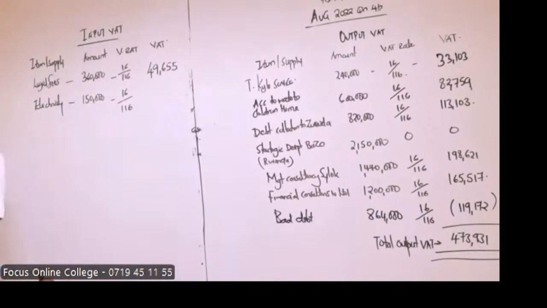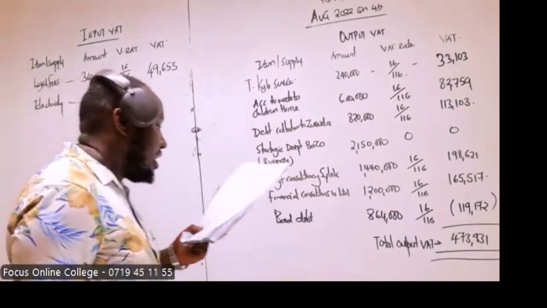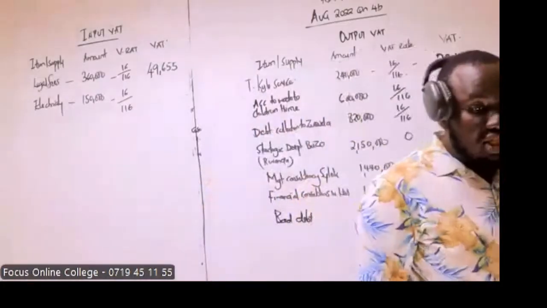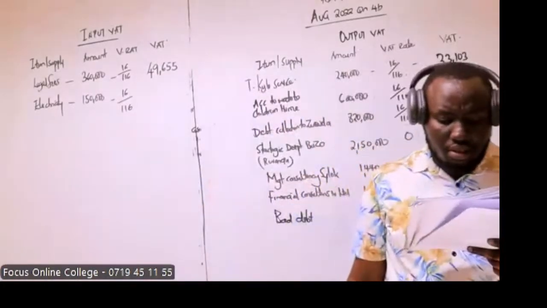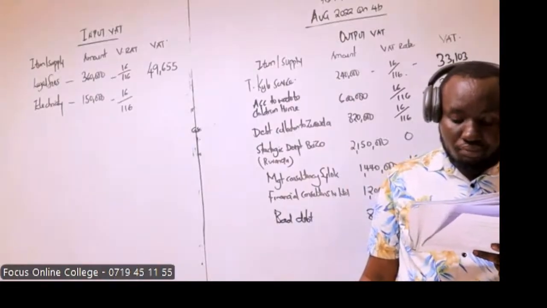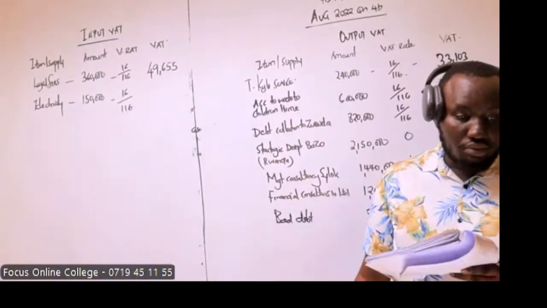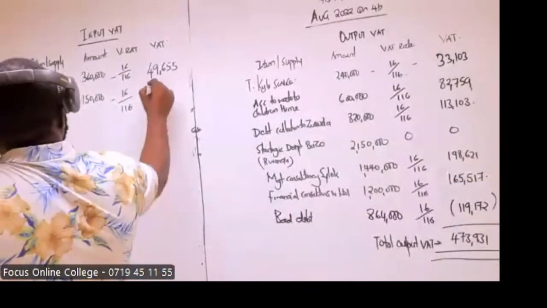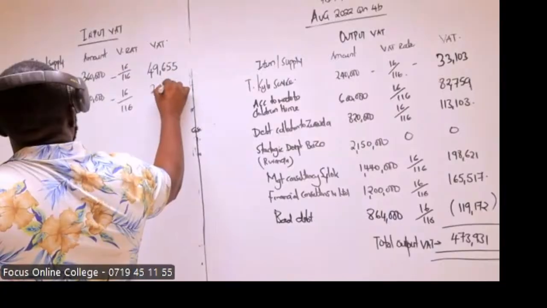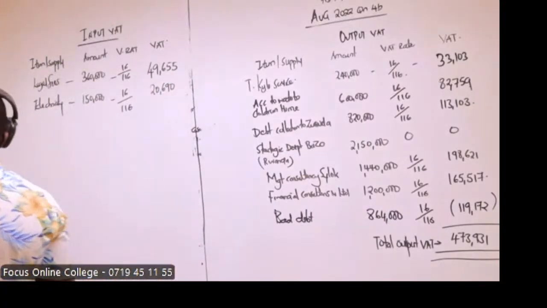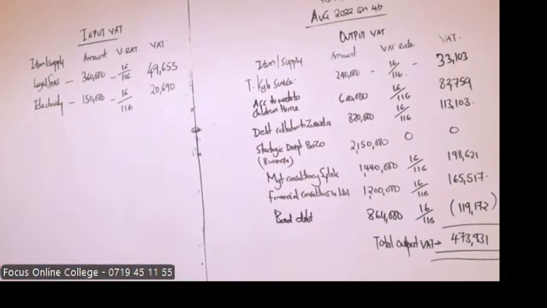Get for me that. What is the VAT on electricity? So that should be 2690. Then we have the next, computer purchased.